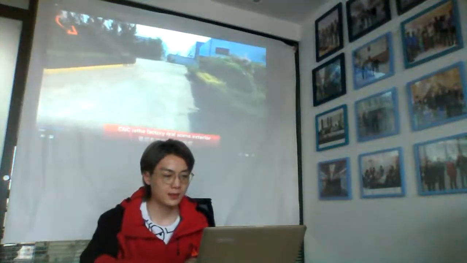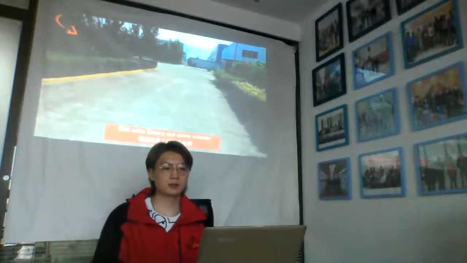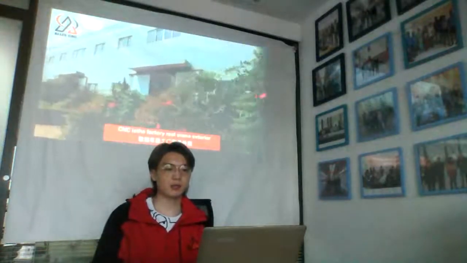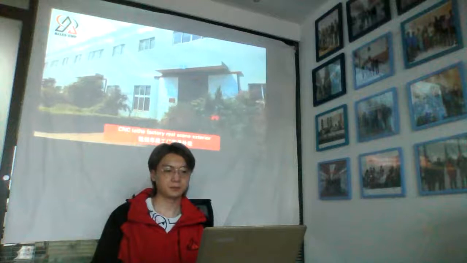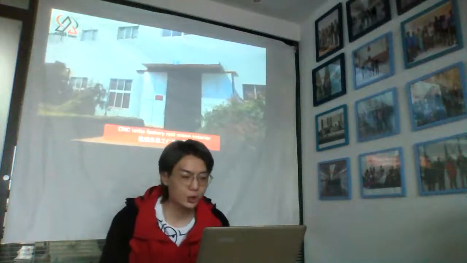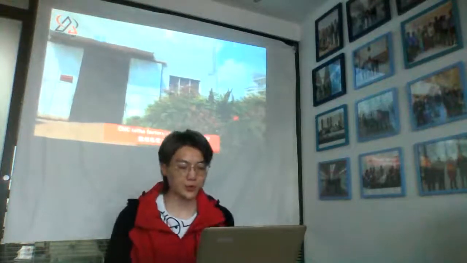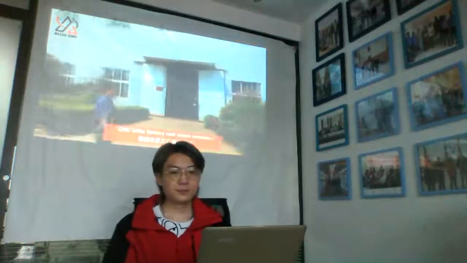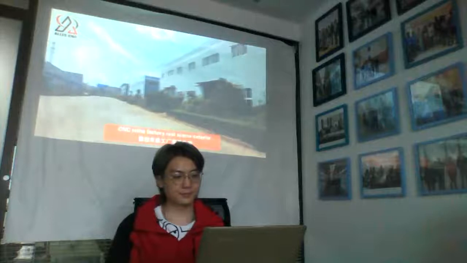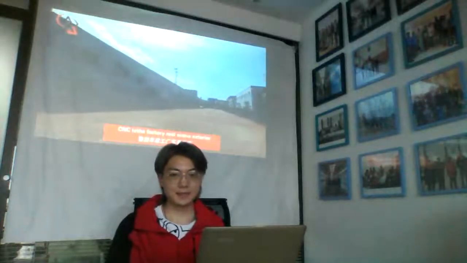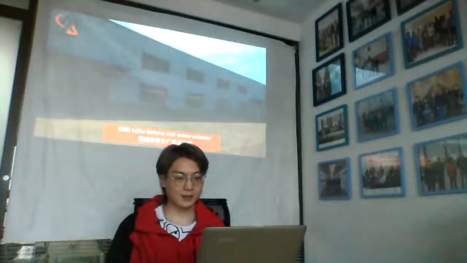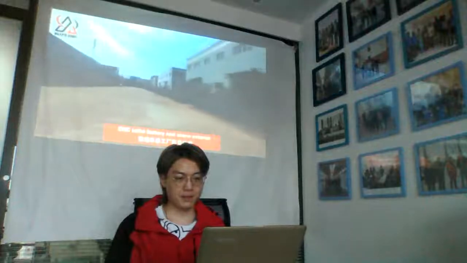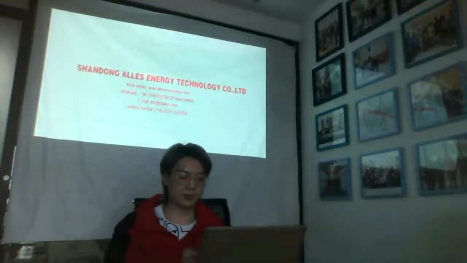This is the real interior of our CNC factory, and the outside view of the whole factory. You can see the whole factory is so big.